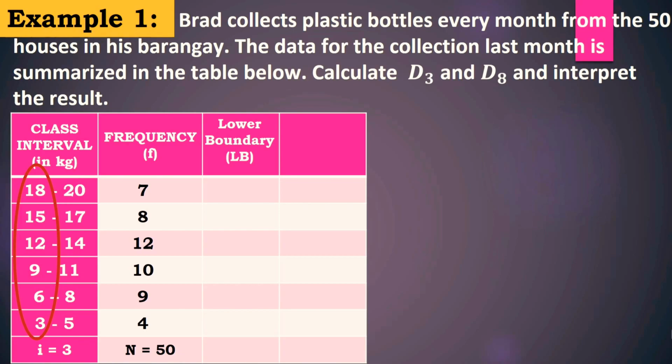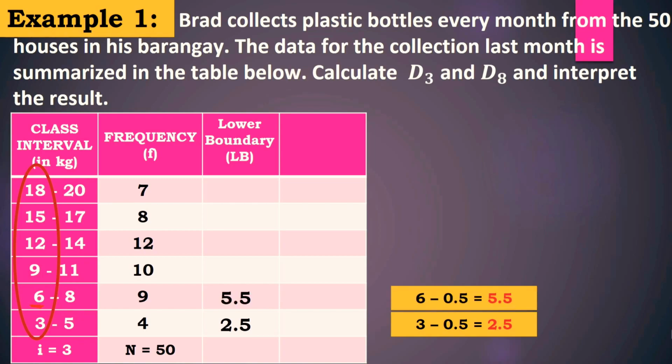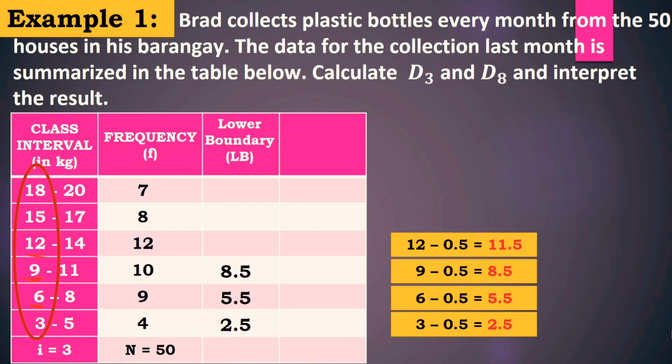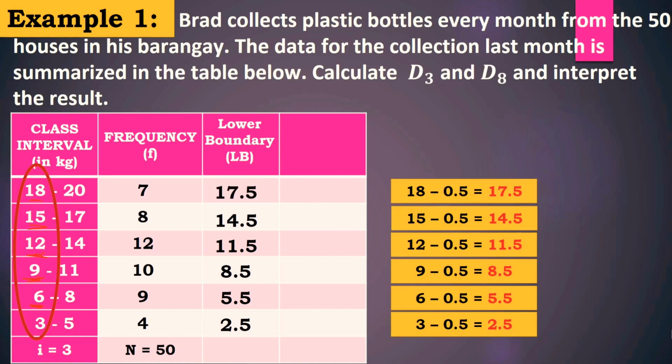So 3 minus 0.5 is 2.5. 6 minus 0.5 is 5.5. 9 minus 0.5 is 8.5. 12 minus 0.5 is 11.5. 15 minus 0.5 is 14.5. And 18 minus 0.5 is 17.5.